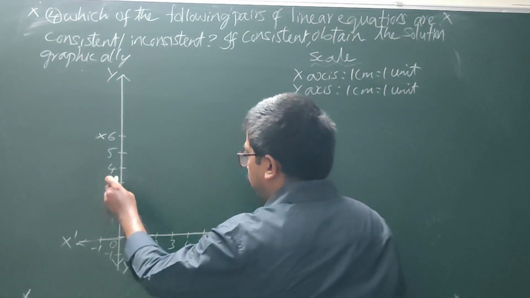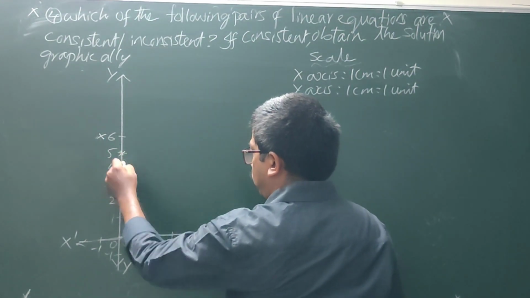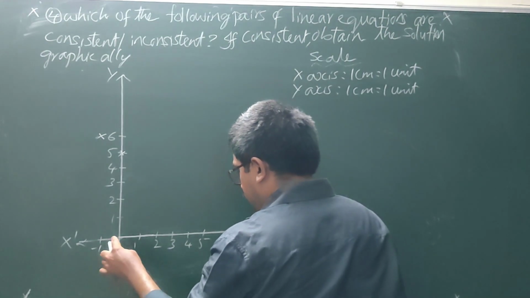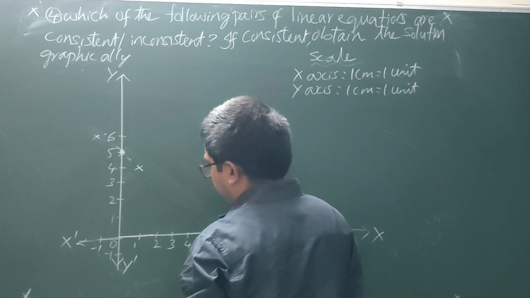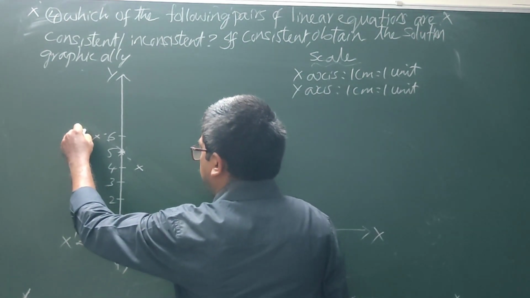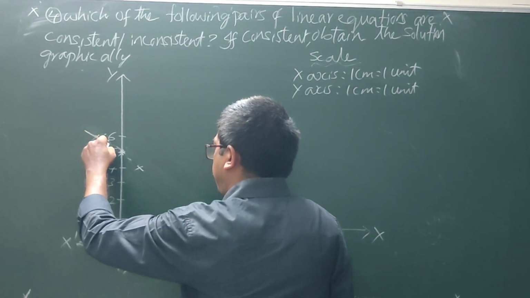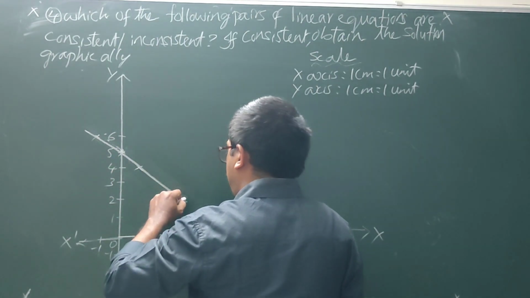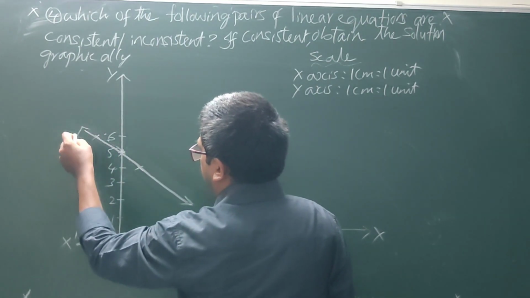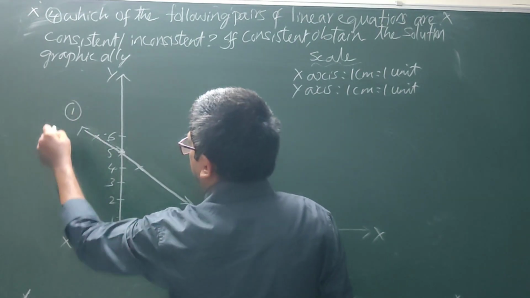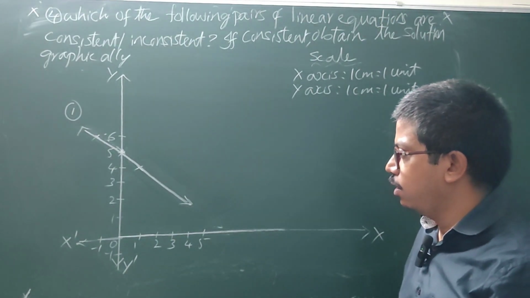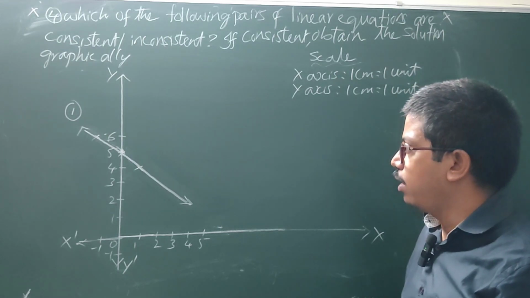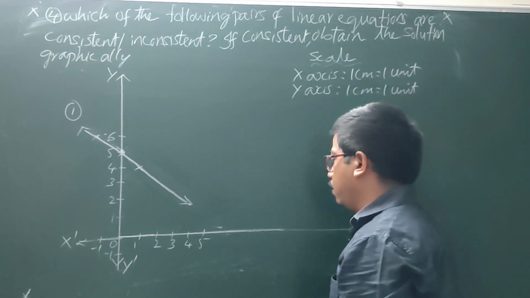For 0, I got 5. For 1, I got 4. And by joining these points, I obtain equation 1 passing through the graph, and it is the line for equation 1.